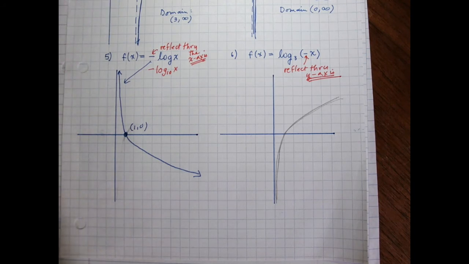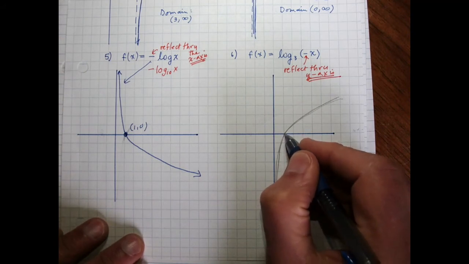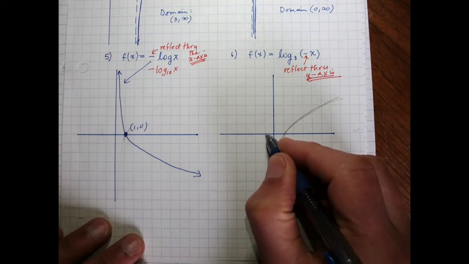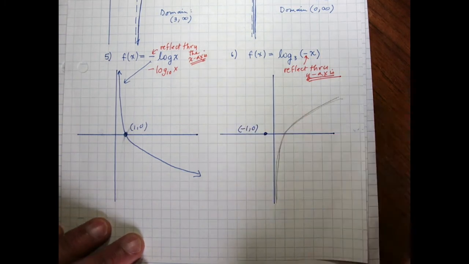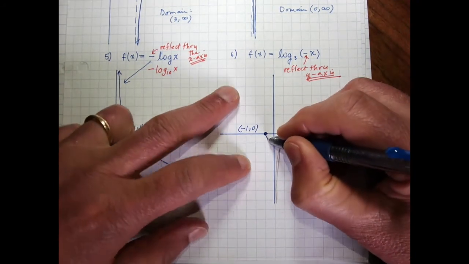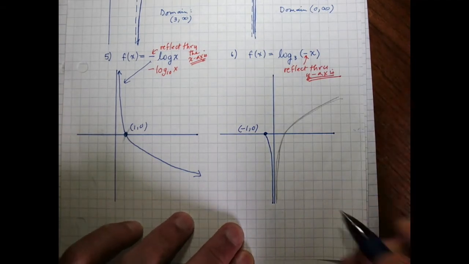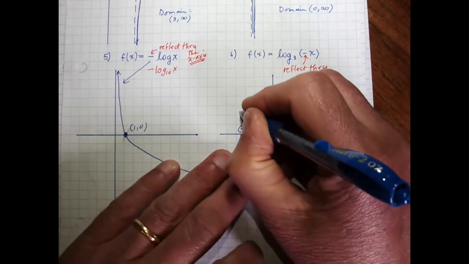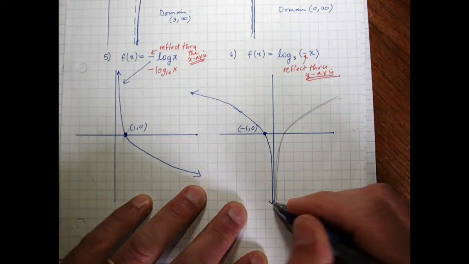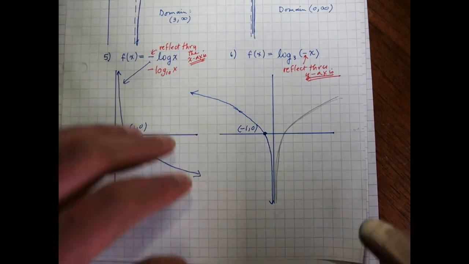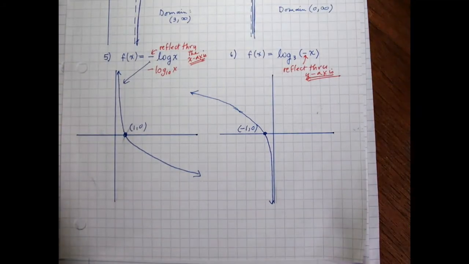And now that's not what I want. What I want is a reflection through the y-axis. Here the x-intercept is going to move from 1, 0 to -1, 0. And there's going to be a portion of the graph coming down to the y-axis on this side. Then we're going to take off in that negative direction. That's the reflection of the basic log graph through the y-axis.